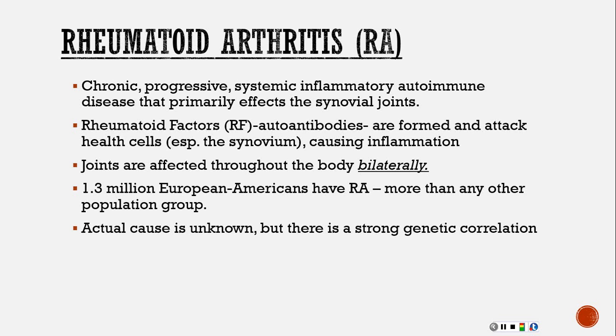1.3 million European Americans have rheumatoid arthritis, more than any other population group. The actual cause is unknown, but there is a strong genetic correlation. The disease can go into remission, particularly if diagnosed and treated early. Treatment is going to decrease the amount of bone and joint destruction and help to reduce the degree of disability.